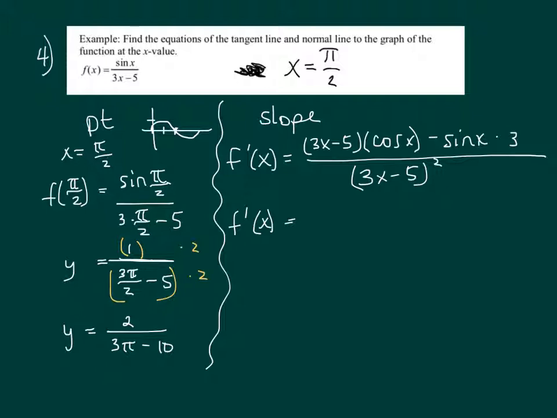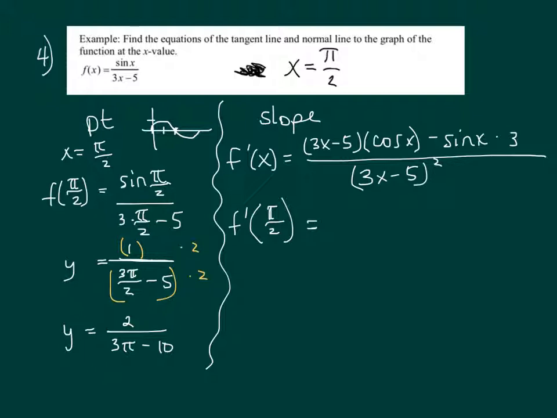At this point I'm going to plug in my pi over 2. I actually should have written here f prime of pi over 2, because what I need to do is evaluate the derivative. Yes, it looks kind of messy, but remember, we're solving for the derivative in order to plug the pi over 2 in to get the value of the slope.